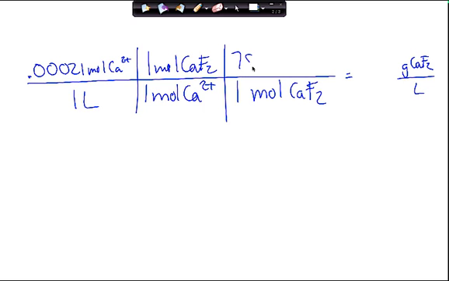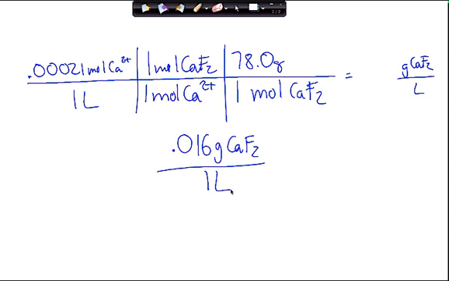So about 78.0 grams in 1 mole. So 0.00021 times 78. So guys, 0.016 grams of calcium fluoride will dissolve in a liter of water. Yeah, guys, that's 16 milligrams.